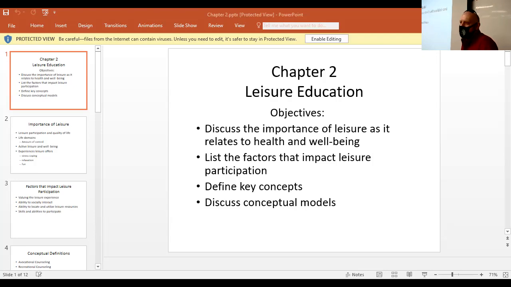That's a little over the top example, but it is an example. We need to make sure that the client's abilities and skills are matched with the activities that are going to be provided to them.